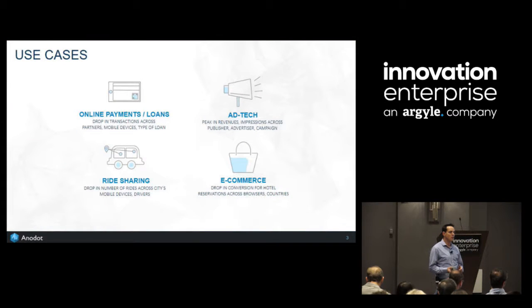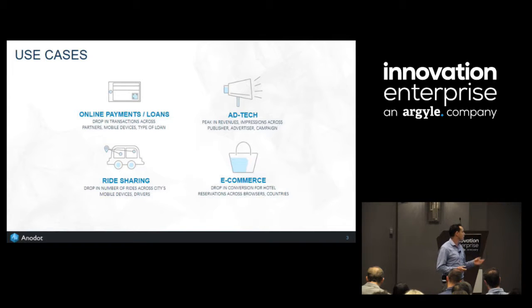So if you are looking at different industries or verticals, let's say you are in online payment and loans, and you have millions of different transactions happening across different partners, mobile devices, geographies, and types of loans.